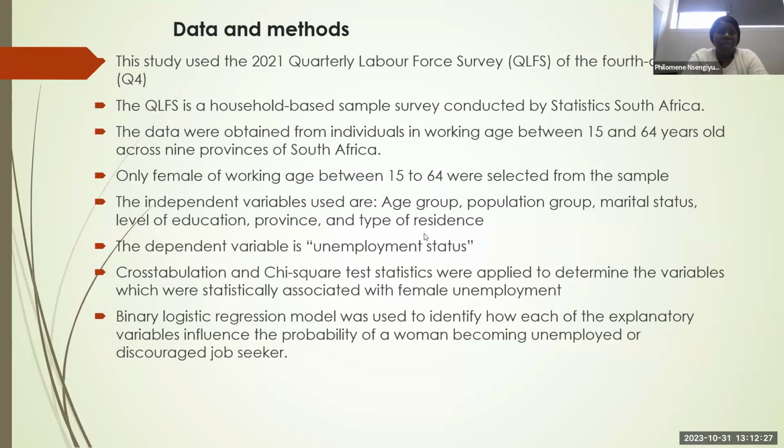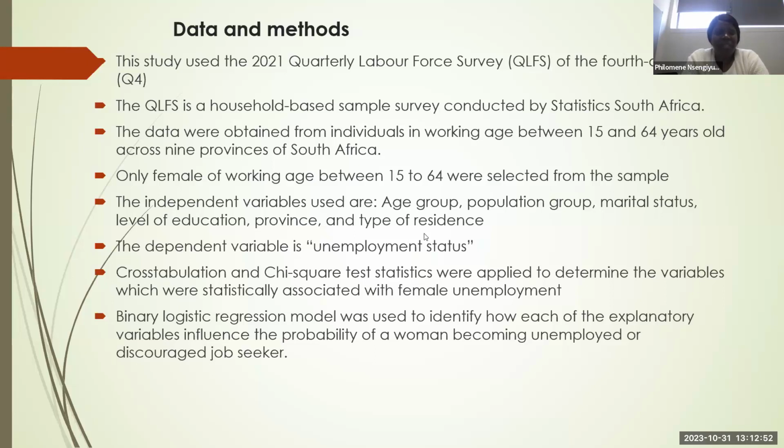The data were obtained from individuals of working age between 15 and 64 years old across the 9 provinces of South Africa. After obtaining the data, I extracted only females between 15 and 64 years old.